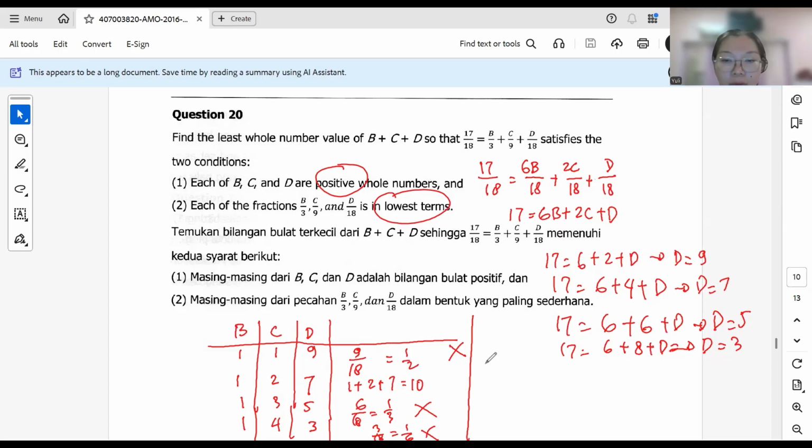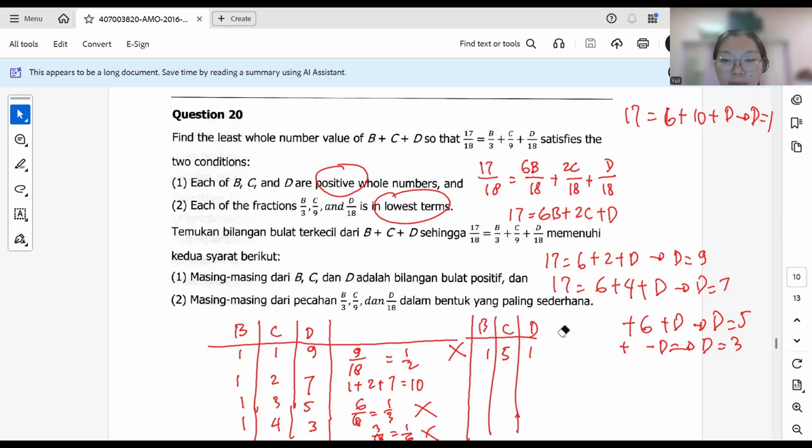We try 1, 5, right? If we put 1, 5, this one. All of this is in the lowest term. So if you add everything, okay, let me erase this part.